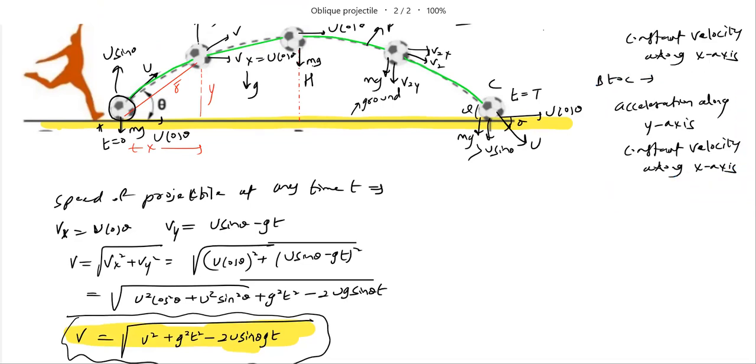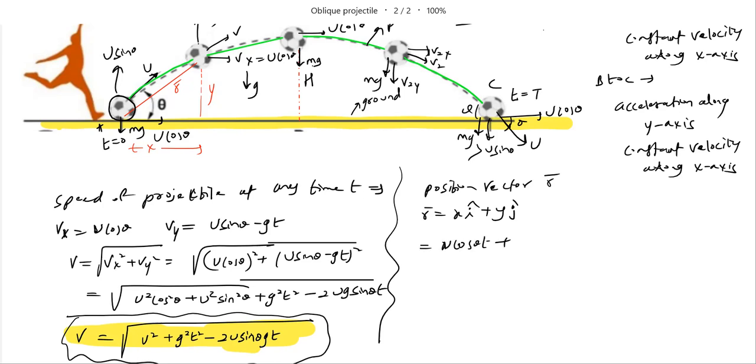It defines the position of the projectile at any time t, which is given by x i cap plus y j cap. What is x equal to? u cos theta into t, and y is u sin theta. Let me write this, then I'll explain it.